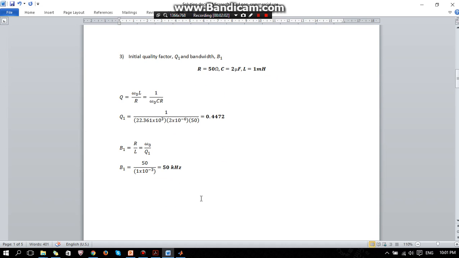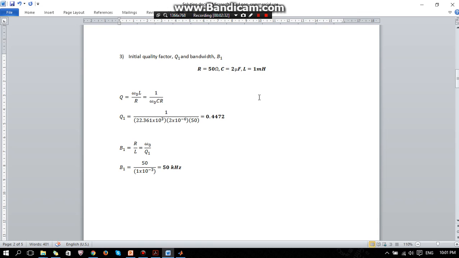Now, we have to find the first initial quality factor Q1 and its bandwidth B1. We use R equal to 15 ohm, and the capacitance and inductance are the same as before: C equal to 2 microfarad and L equal to 1 millihenry.